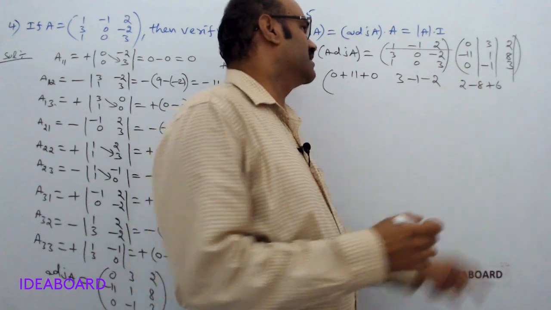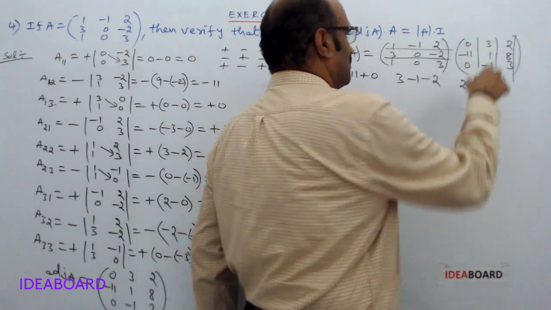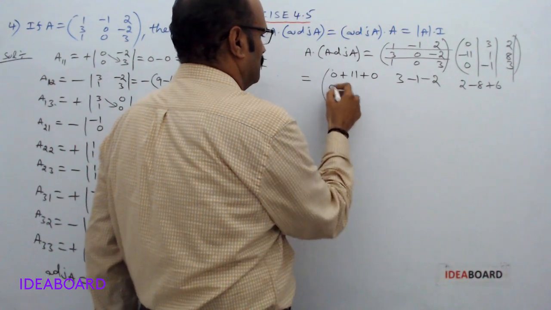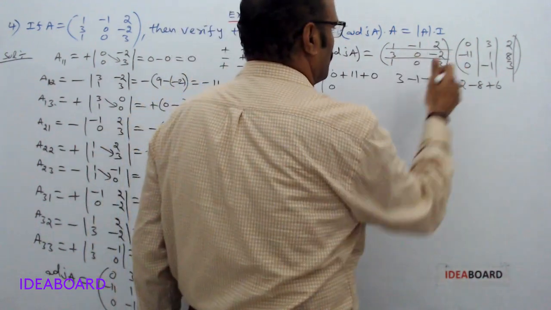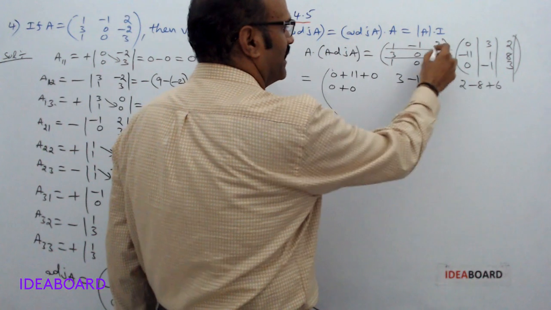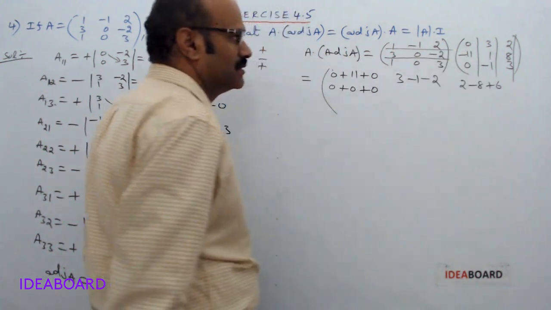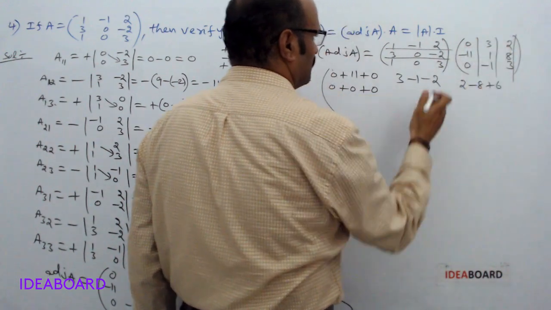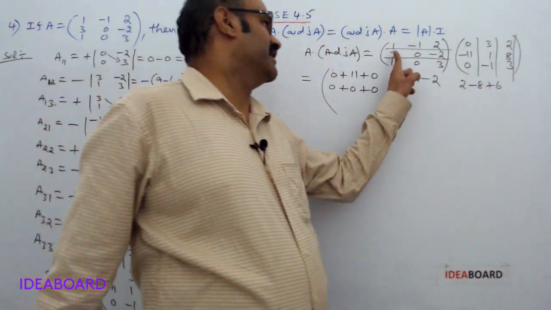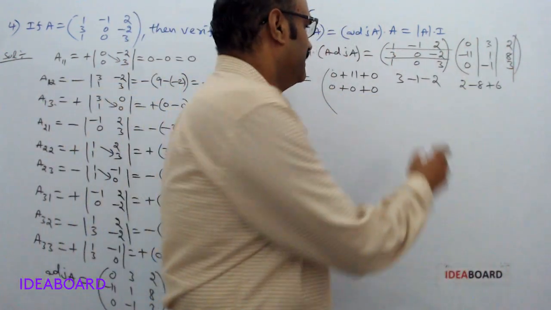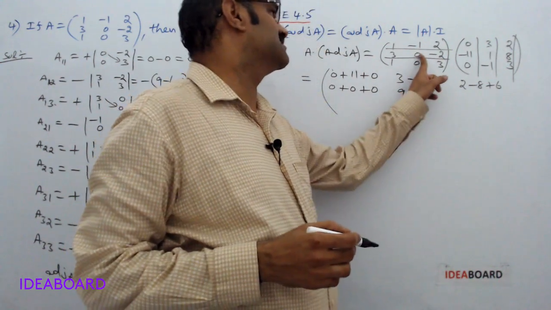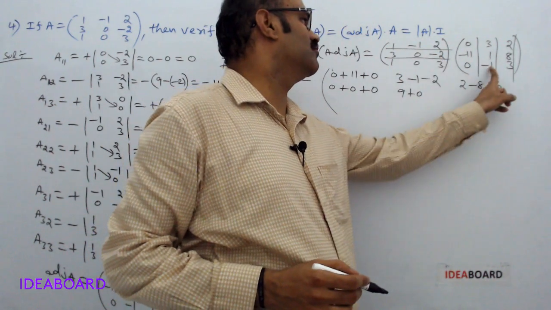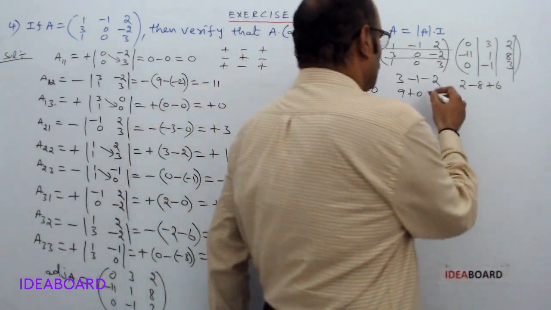Next, second row into first column, 3 into 0, 0, 0 into minus 11, 0, minus 2 into 0, 0. Next, second row into second column, corresponding elements 3 into 3, 9, plus 0 into 1, plus 0, minus 2 into minus 1, plus 2.